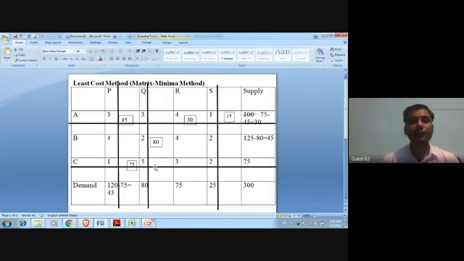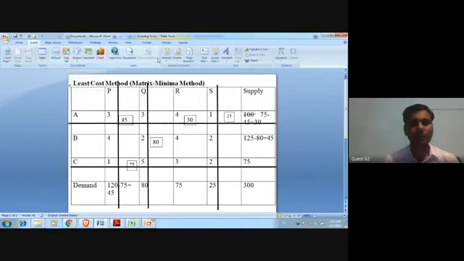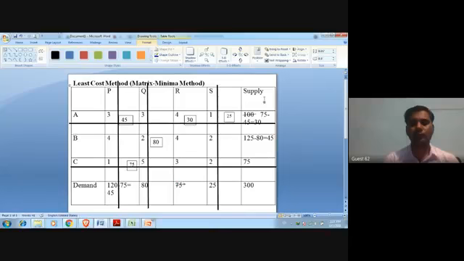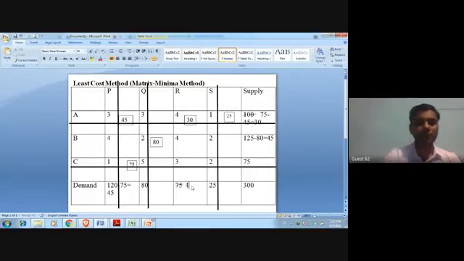After giving the 30 units from A to R, how many requirements are left of warehouse R? Only 45 units. Okay. So after this, since R has got 30 units, we will cross this 75 and we will write here 45 units because the requirement of 30 units is already fulfilled by factory A. Now, how many cells are left?